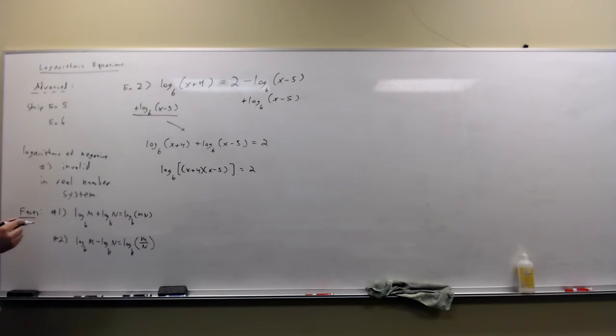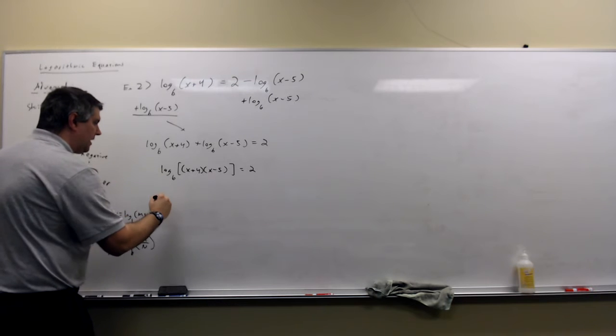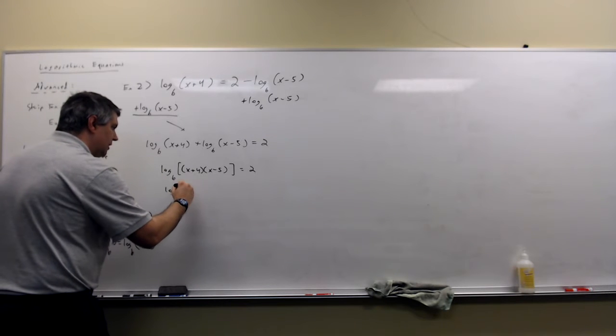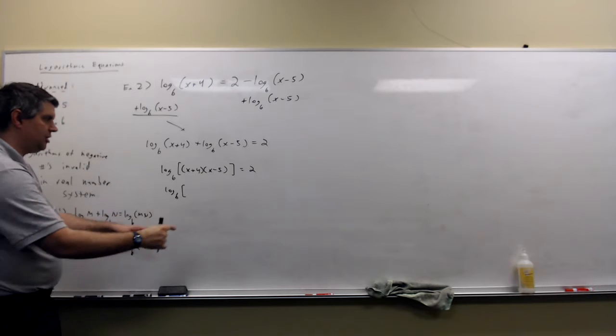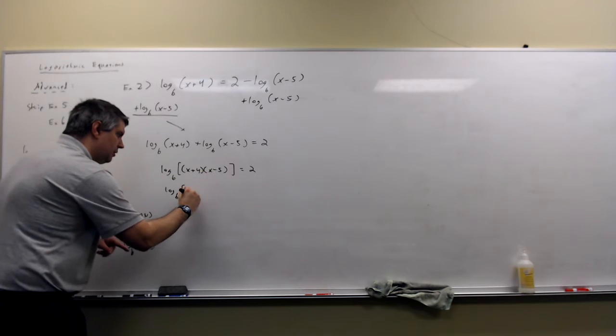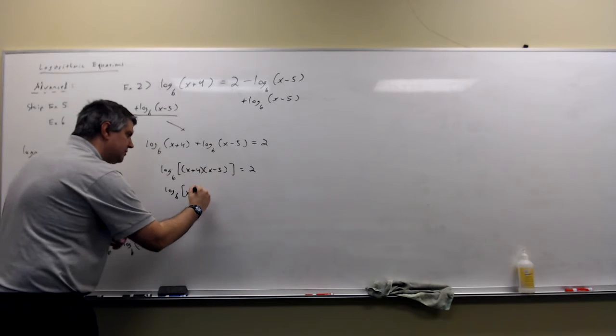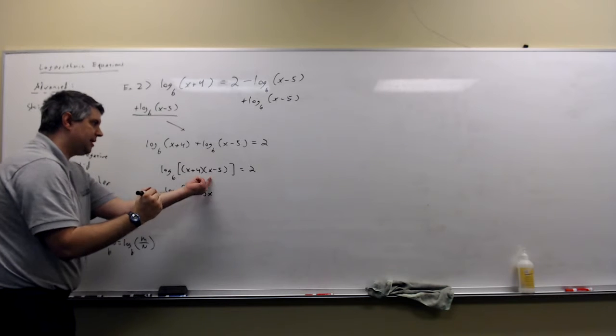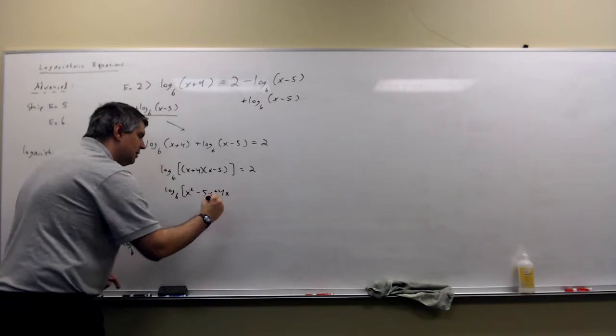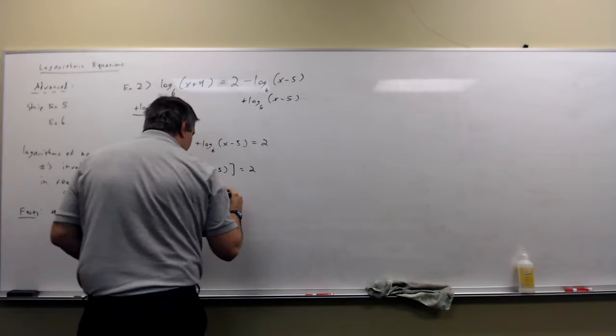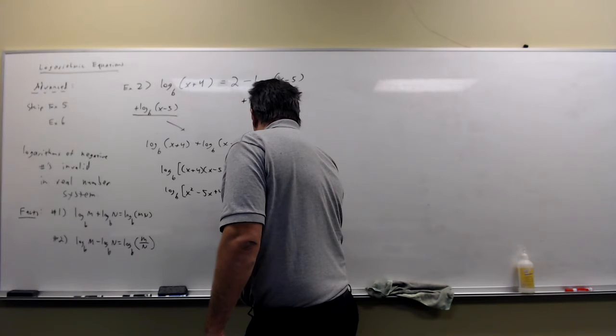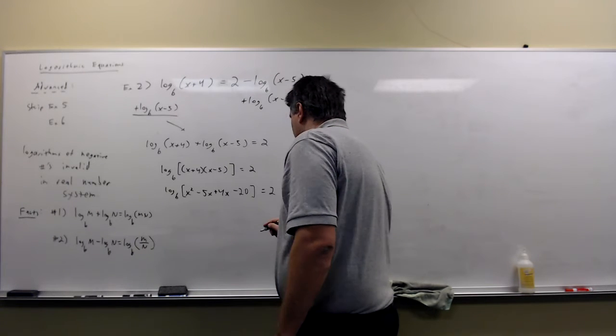Okay? I'm going to dump the log. So actually what I need to do is I need to go ahead and do this polynomial multiplication. X squared, outer terms minus 5x, plus inner terms plus 4x, last terms minus 20, equals 2.